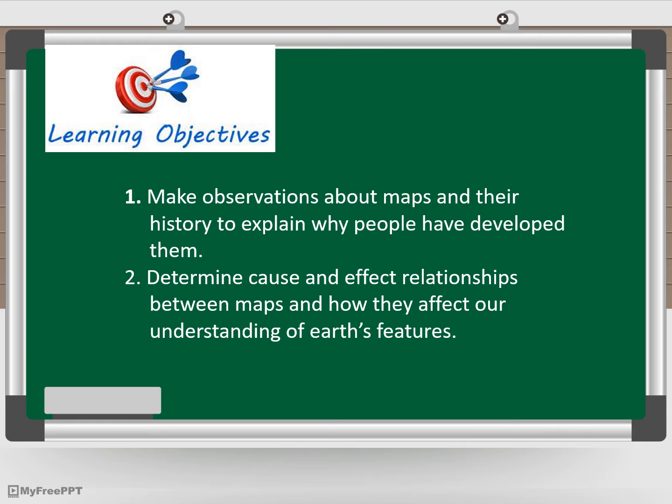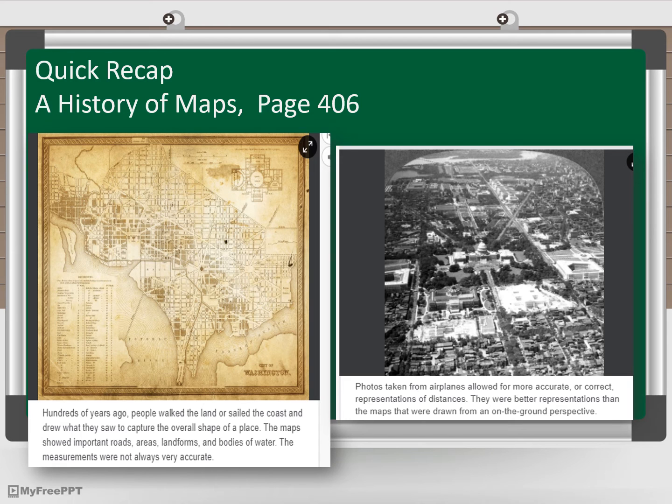Okay, students, we're going to discuss types of maps using the images and descriptions. First, let's have a quick recap about the history of maps. Over time, students, maps have been used by many different people in many different ways. Look at the first picture.